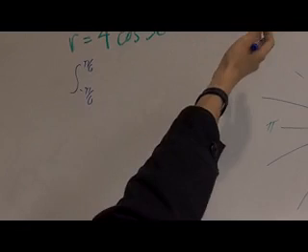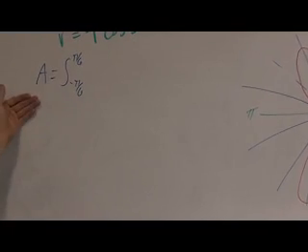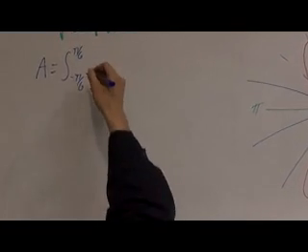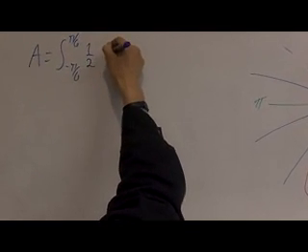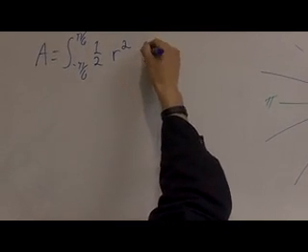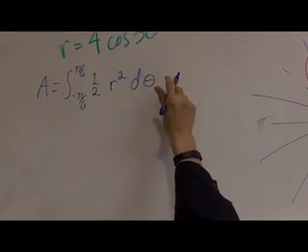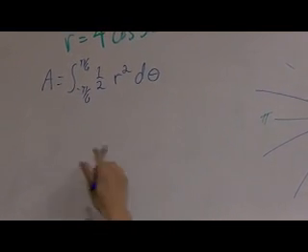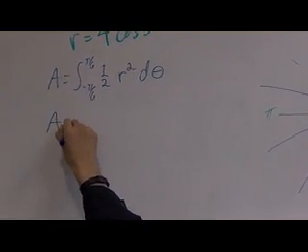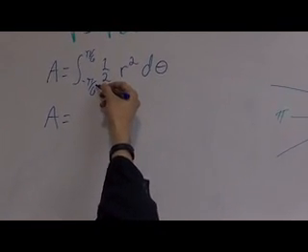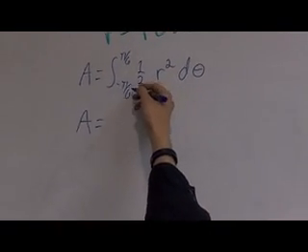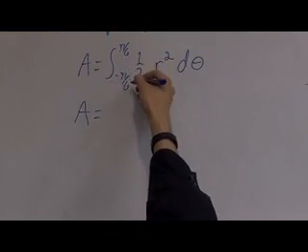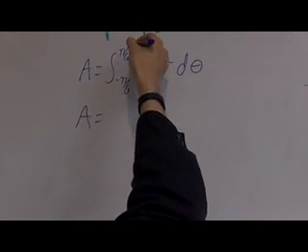But in order to find the area of the region, we're going to apply the formula for the area of a polar equation, which is 1/2 r squared d theta. A equals, as you can see, it's negative. Let's just pretend, change it to variables. It's going to be negative a to a.